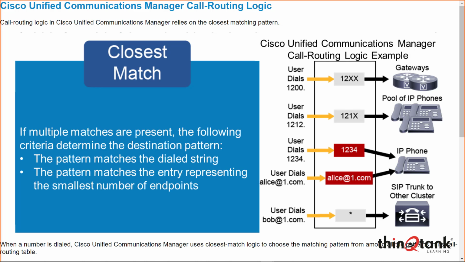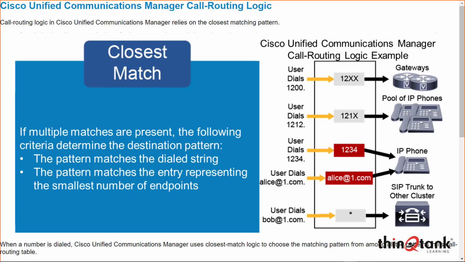Now keep in mind, we are talking about patterns that fall within the scope of the phone's calling search space. We're not matching every single pattern in the system. It has to be a pattern that's listed in the phone book that is assigned to that phone. We never look outside of the search space. Again, if the pattern isn't part of the search space for the phone, it's not going to be referenced in matching the rules.